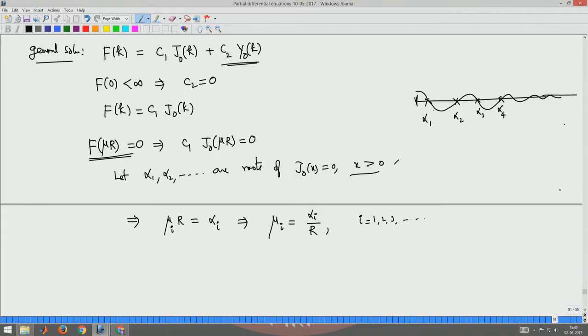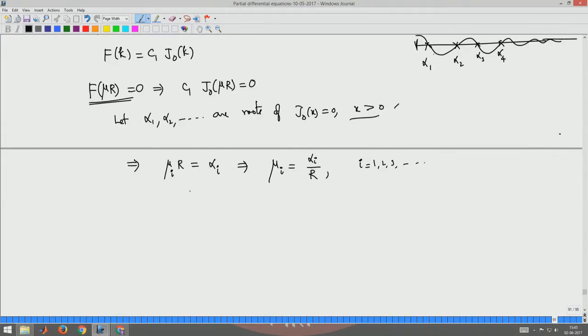For these values of mu, J0 of mu I into R equals 0, because this is nothing but J0 of alpha I, these are the roots. That means C1 is arbitrary, you can take it as 1, so you have a non-zero solution.